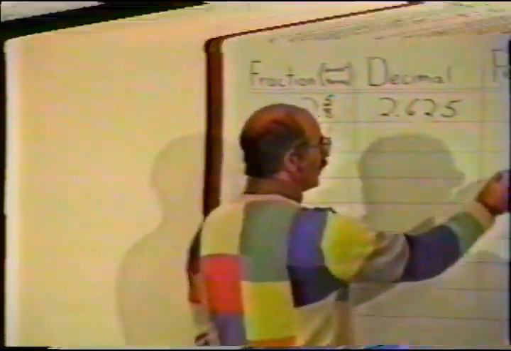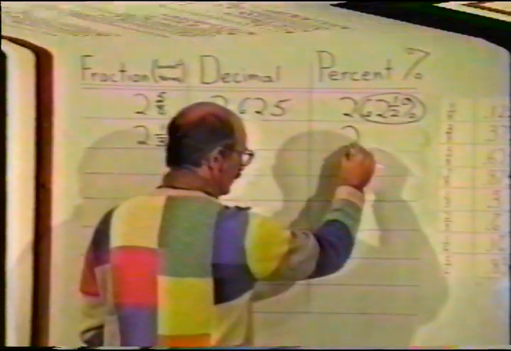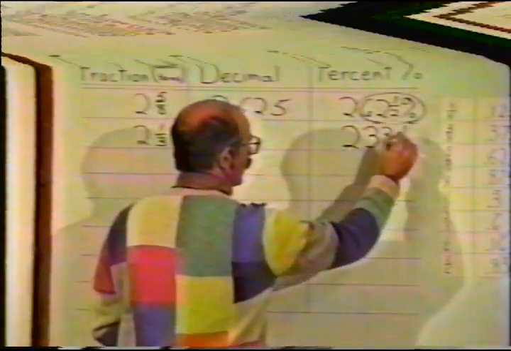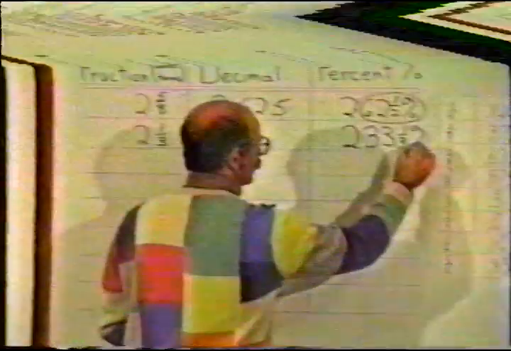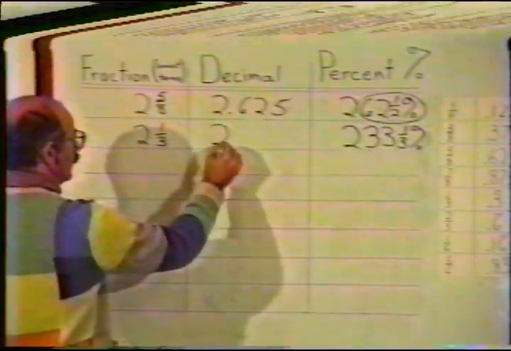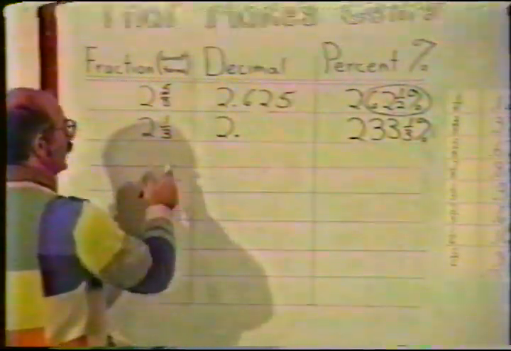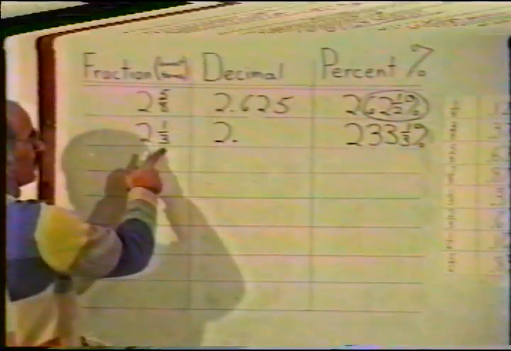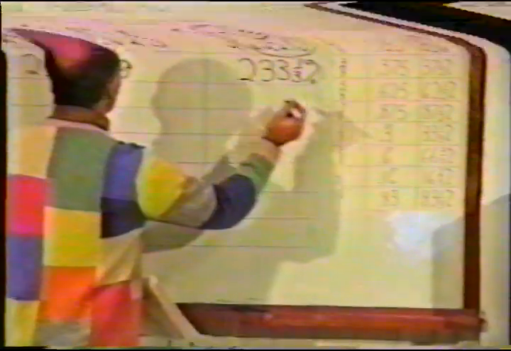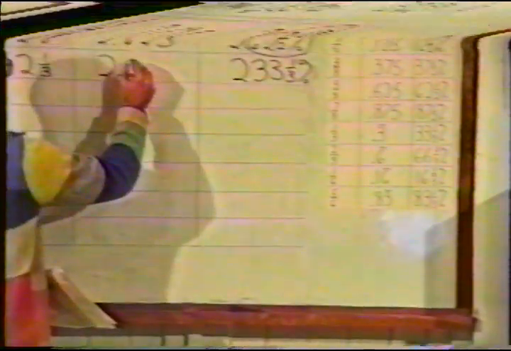So the whole thing is 233 and 1/3%. Now the 2, and what is the decimal for 1/3? 0.3 repeating. 2.3 with the 3 repeating.